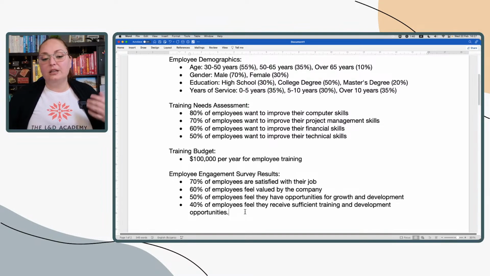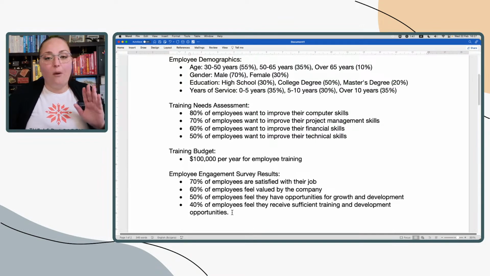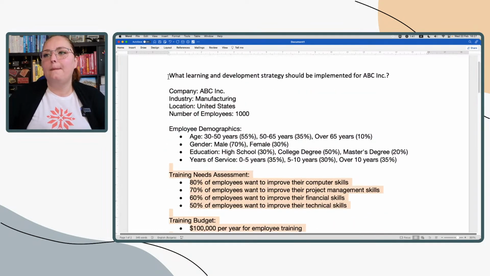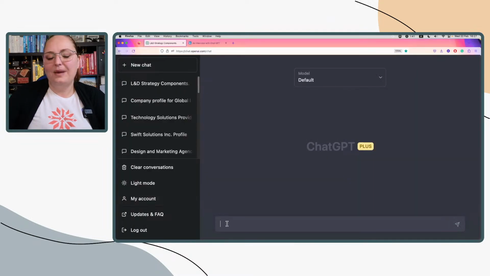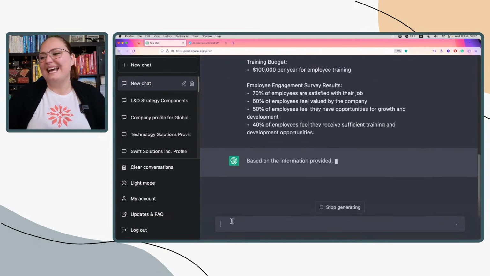So we need to make the learning and development offering more transparent, maybe make more of it, maybe communicate more that it's there. Okay, so these are a few notes from my end before I feed this to ChatGPT. So let me copy all of this and then paste it to ChatGPT and see what it says.